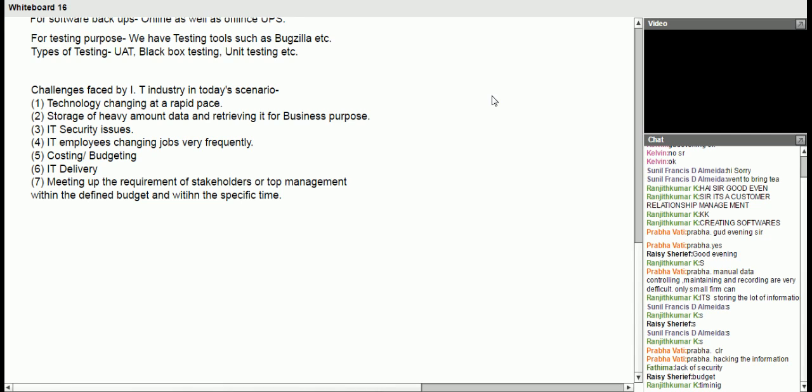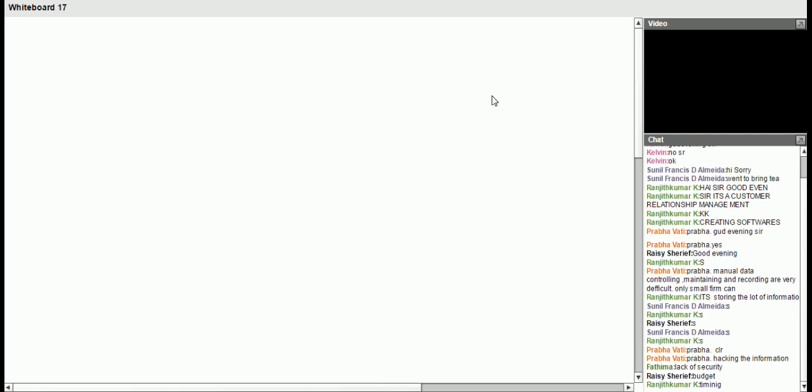Now let's jot down some of the process, how things operate in IT. First, the user gathers requirements from the business team.